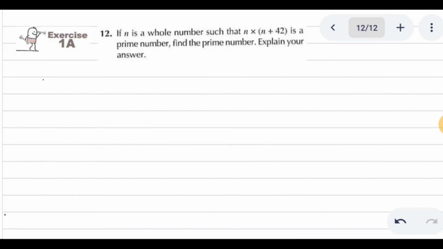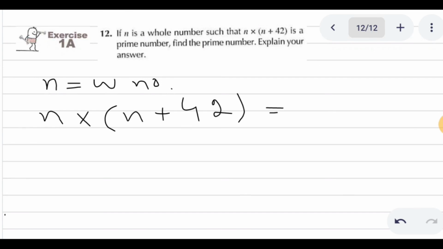In question number 12, the question is, if n is a whole number such that n into n plus 42 is a prime number, find the prime number and also explain your answer. So the information given in this question is that n is a whole number, and the next thing is that n into n plus 42 is a prime number.